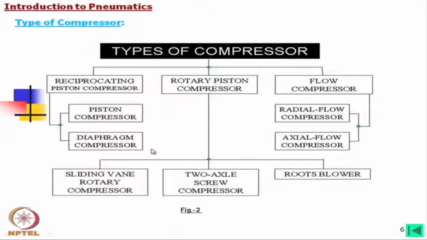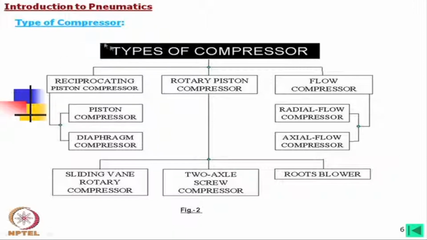Diaphragm compressor means a diaphragm is moved by some means, and that also compresses the air. And then the rotary piston compressor, this is the sliding vane rotary compressor. You see, one is the rotary piston and another is called the rotating piston.